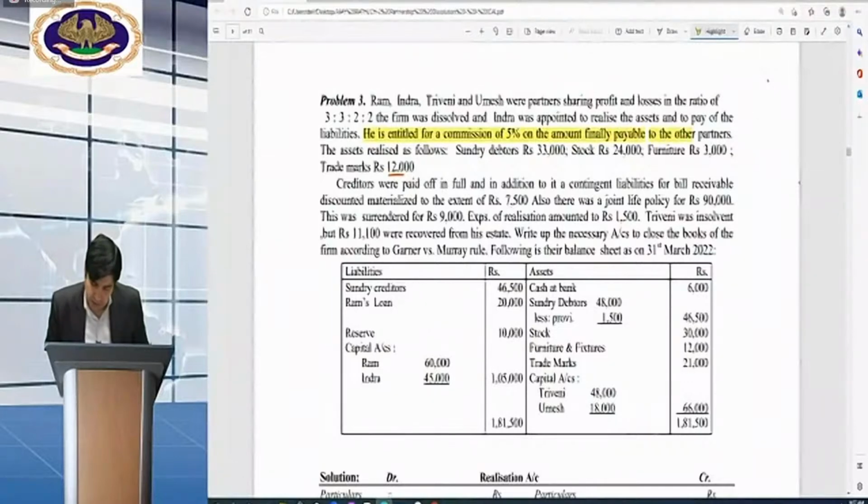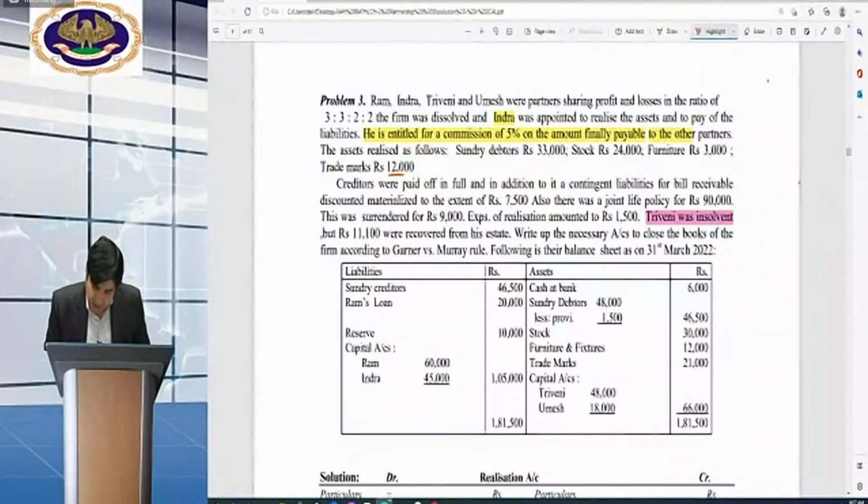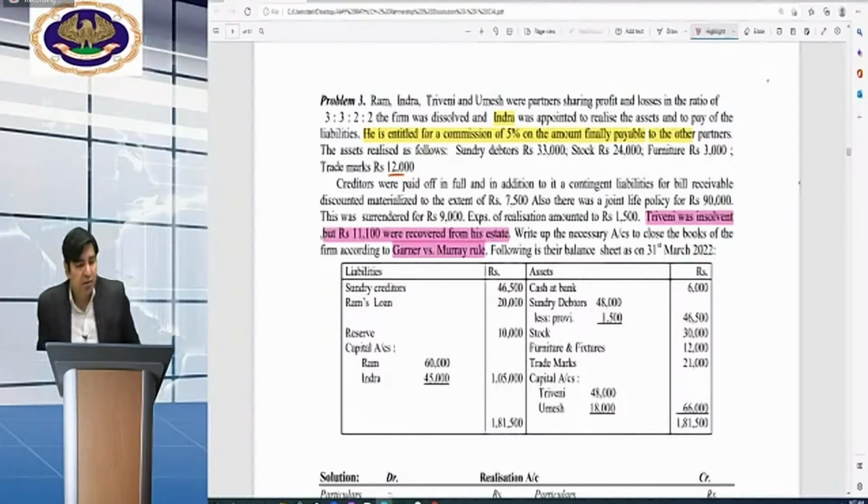Who is that? That is Indra. Now after that, Triveni. This is the main thing. Triveni was insolvent, but 11,100 was recovered, and Garner versus Murray has to be applied. Now, let's start.